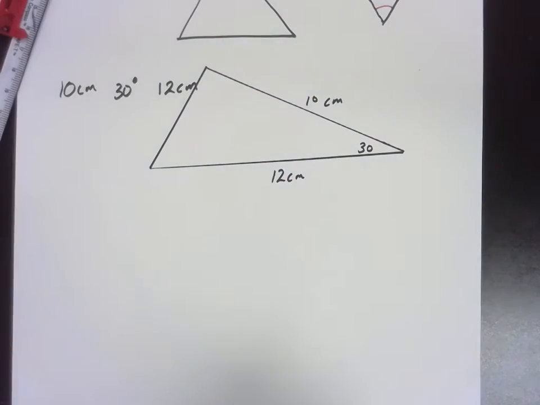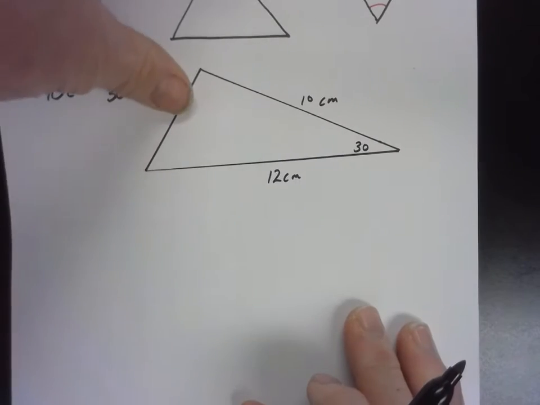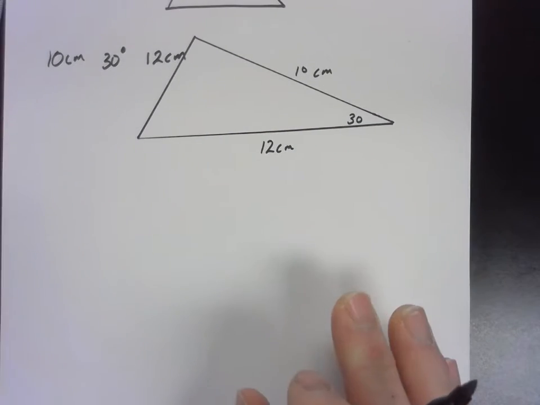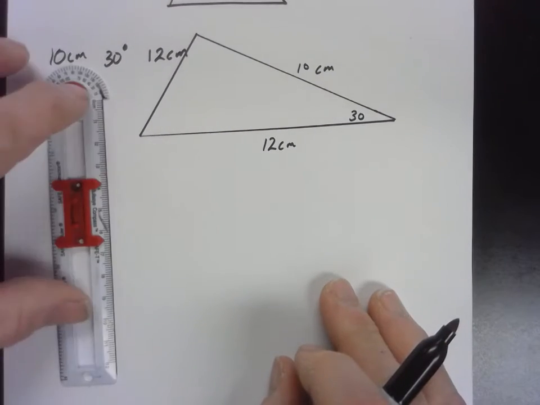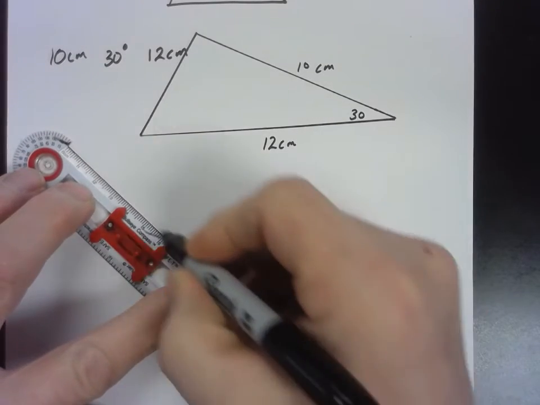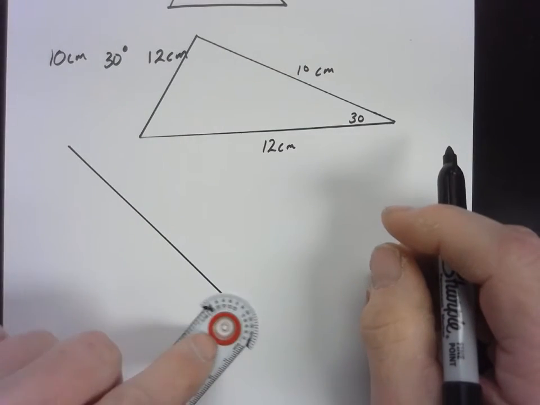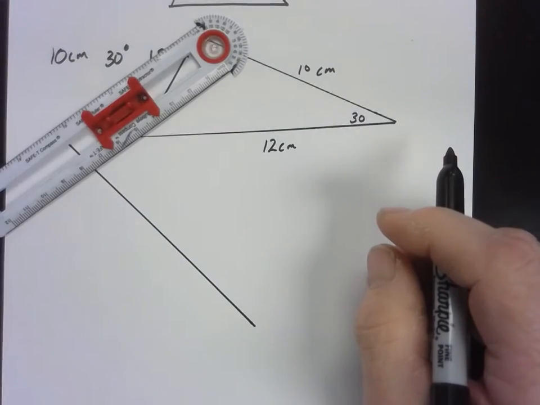Is there any other way to draw that triangle? What if I drew the 12 centimeter side first? Would that matter? If I draw the 12 centimeter side, and then I put the 30 degree angle, let's put it up here this time.